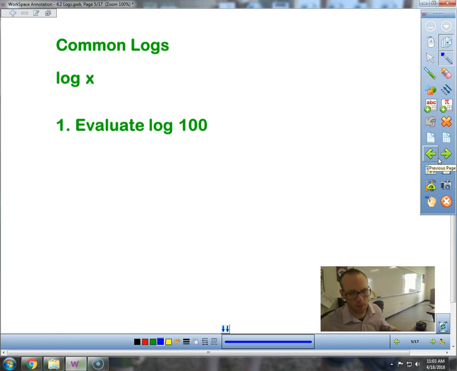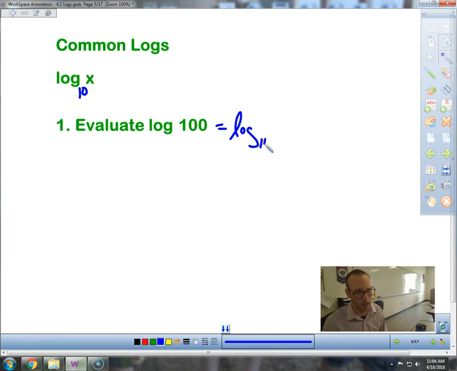A few other logarithms we might see. The common log. Remember that the common log, if there's not a number there, do you recall that that means that the base is 10? So if I want to evaluate the log of 100, that's the common log. I know I'm asking for the log base 10 of 100. So I ask myself, 10 to the what power equals 100?